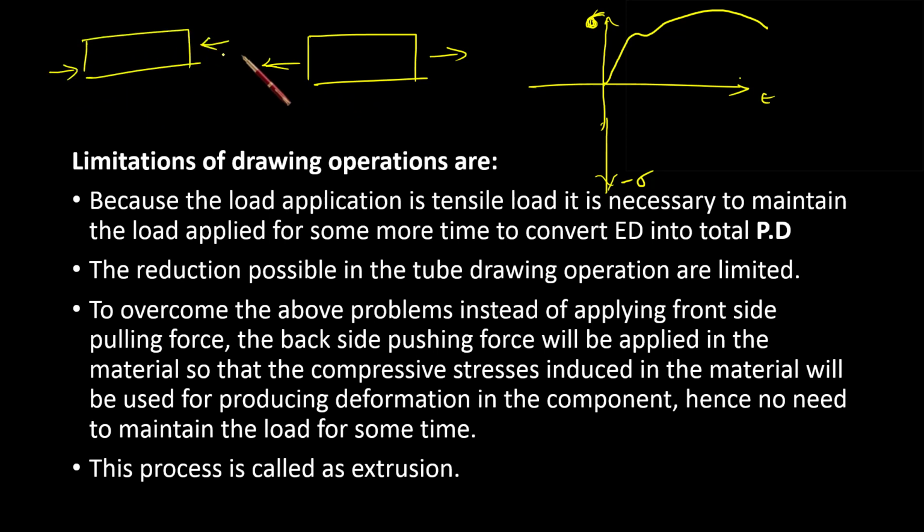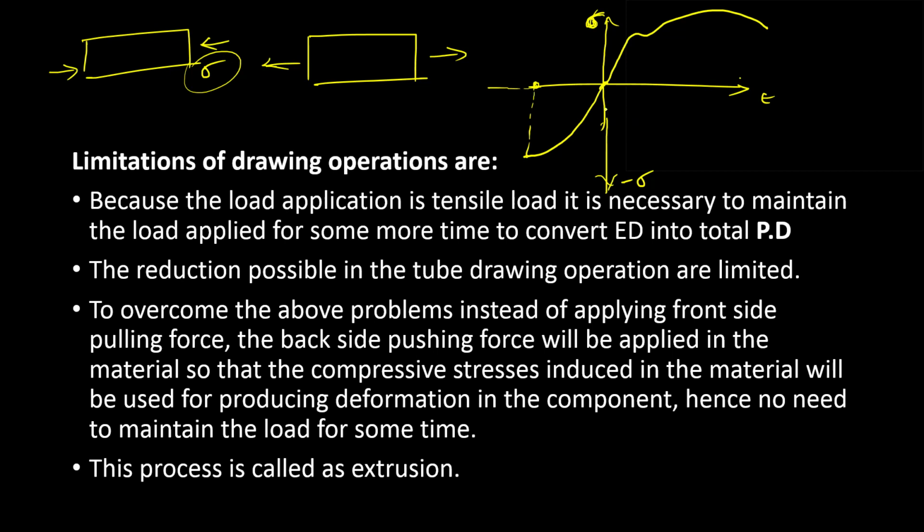So when it is pushed, the sigma is negative. So it has been found that the curve is like this, some kind of this one. And when it is coming back, there is no elastic deformation to be converted.